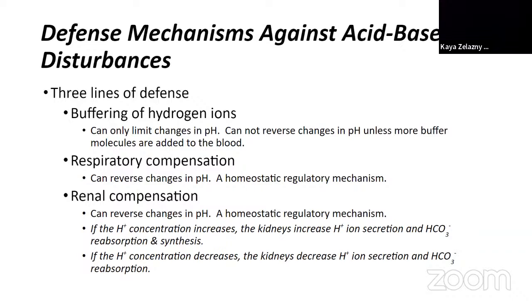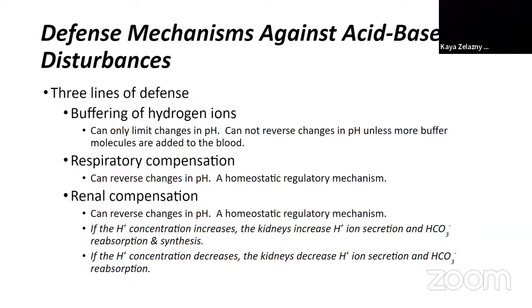It's not giving you more bicarbonate ions. It's not getting rid of an acid permanently. It's just soaking them up so they're not interacting with the rest of your body. So it's not going to ultimately solve the problem. It's kind of a stopgap here, right?